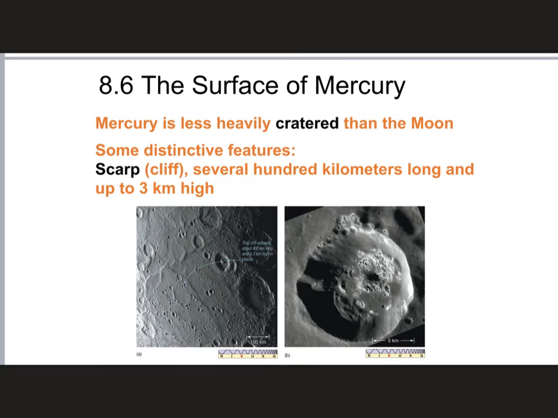Now, if we turn our attention back to Mercury, it's actually less heavily cratered than the moon, and it has some very distinctive features, such as scarps, which are several hundred kilometers long. They're basically cliffs, up to 3 kilometers high.